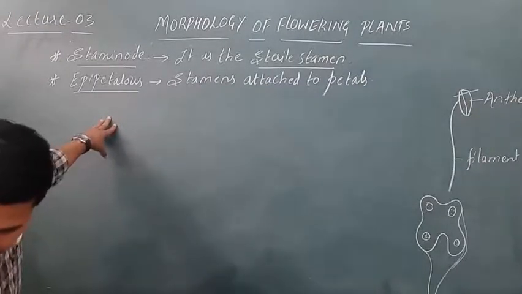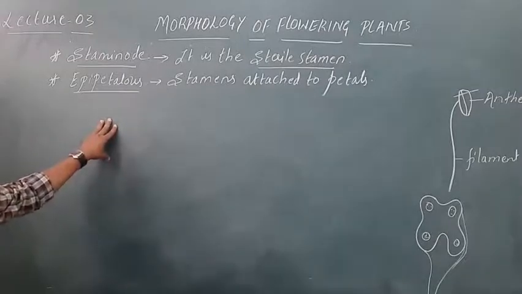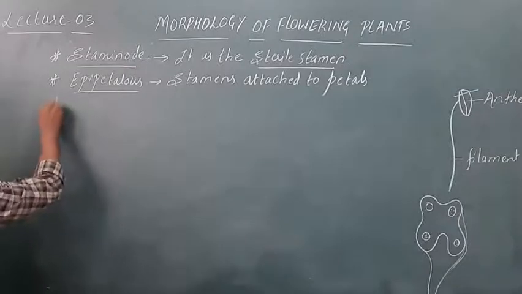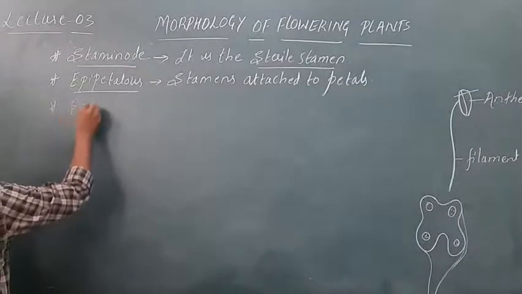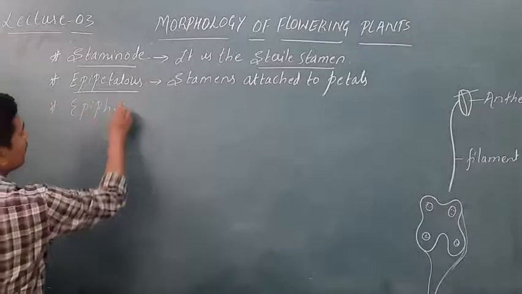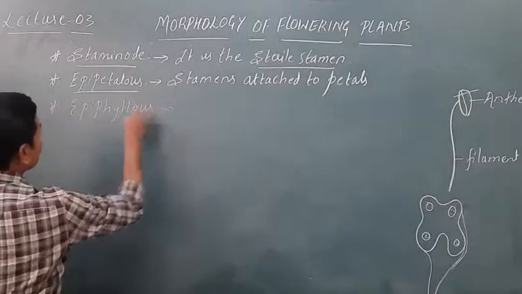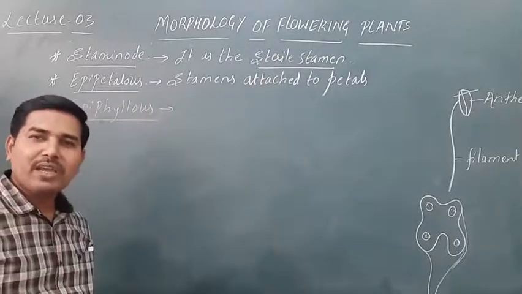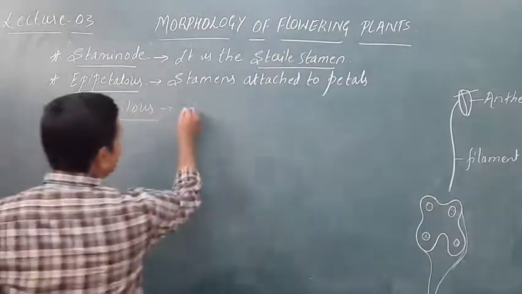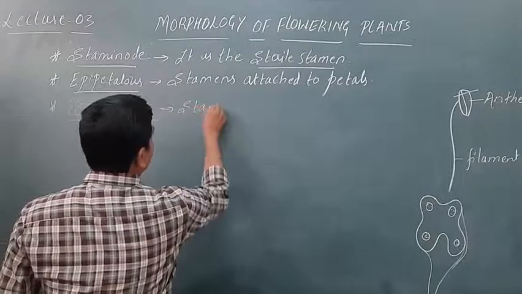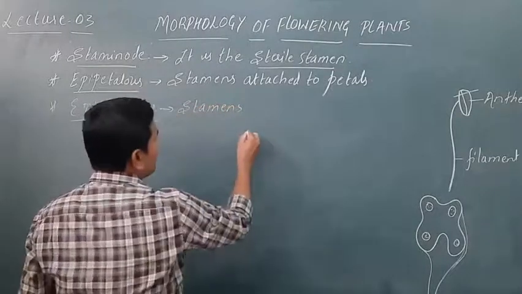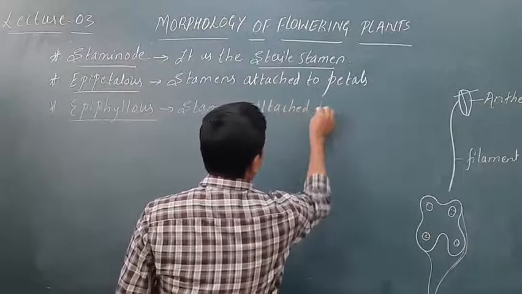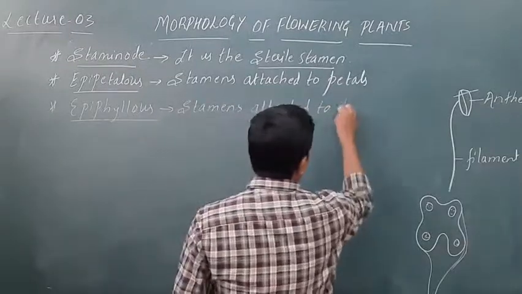Then let's move on to one more term, called epiphyllous. Again, epi means above, and phyllous refers to perianth. Stamens attached to perianth.